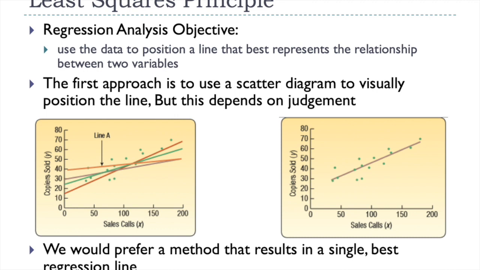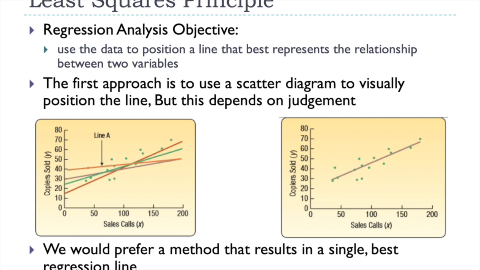The main objective of our regression analysis is to use the data to position a line that best represents this relationship. We could go back to that scatter diagram and visually position the line. Here on the left, we've taken 4 different individuals, and using their best judgment, we told them to draw a straight line that best represents the center of the data.